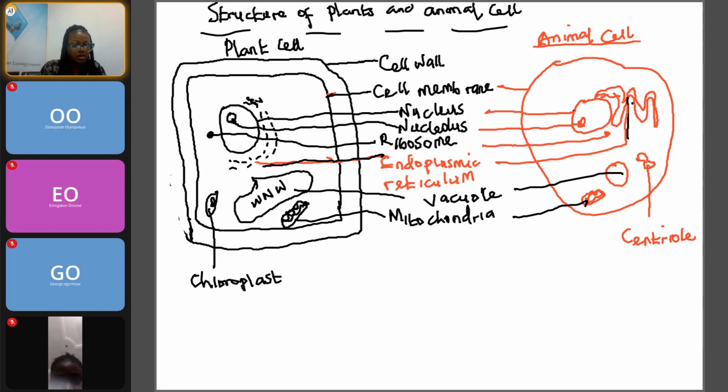So we move on to another component, which is the lysosome. Lysosome is present in animal cell but absent in plant cell. I hope you can understand the topic.